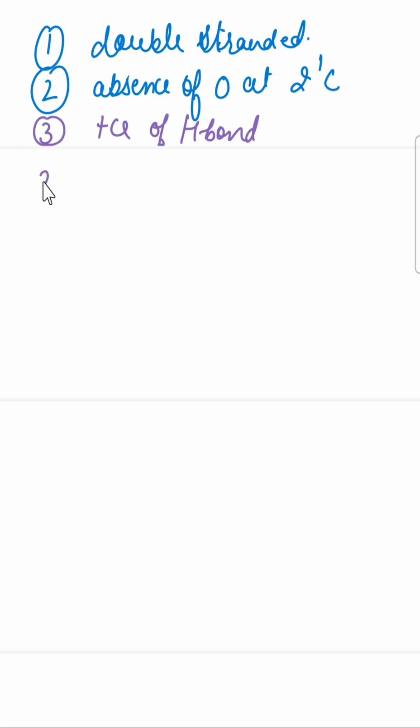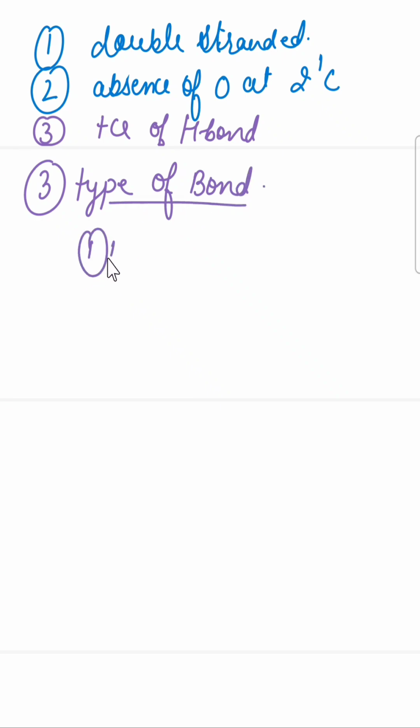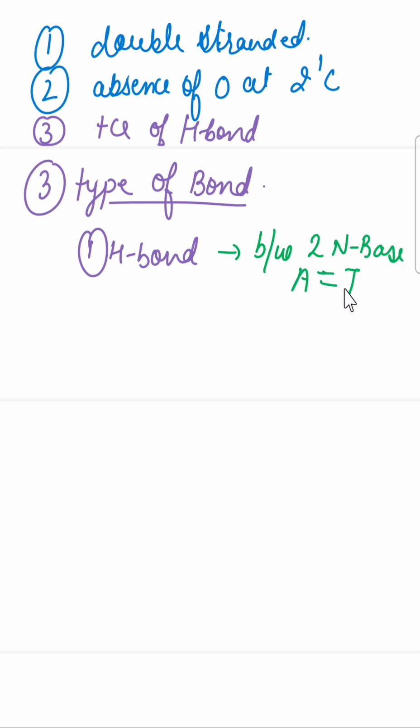Now look, we deal with three types of bonds in DNA mainly. First is the hydrogen bond. Where do we find the hydrogen bond? Between two nitrogenous bases, like adenine pairs up with thymine and cytosine pairs up with guanine, or vice versa.